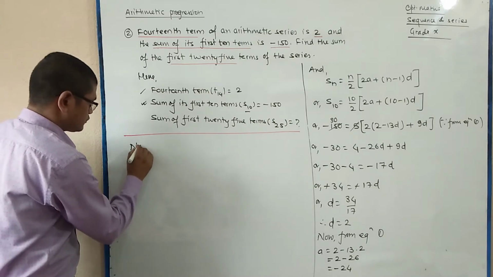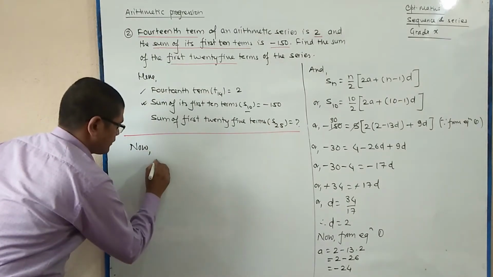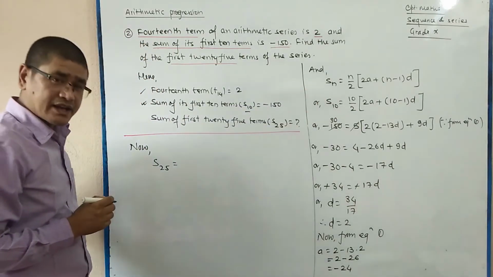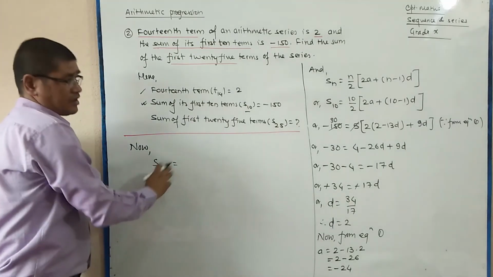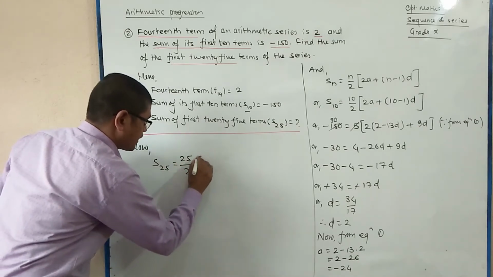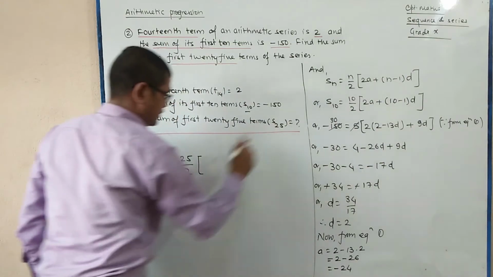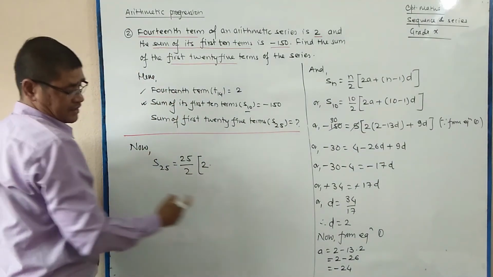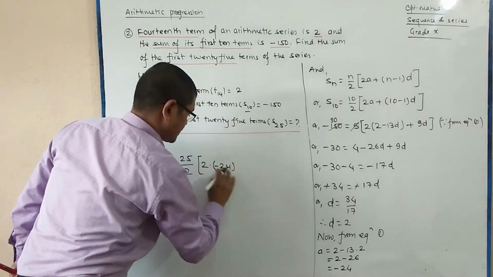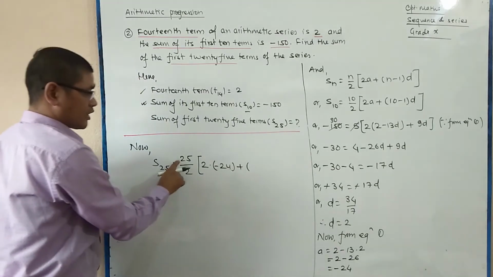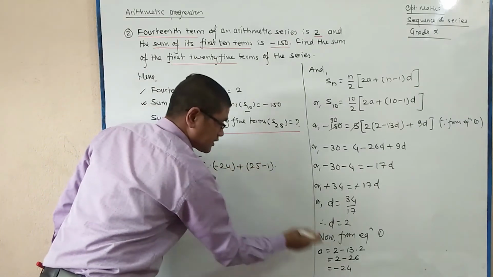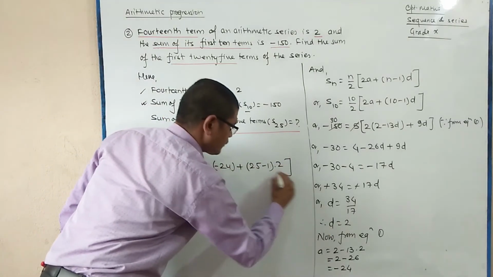Now S25, we have already used this formula here, so we can do it directly. Or you can use the formula as well, no matter. S25 means 25 divided by 2 times (2 times the value of A, here minus 24, plus (n minus 1) times D, where n is 25, so 25 minus 1, and D is 2).